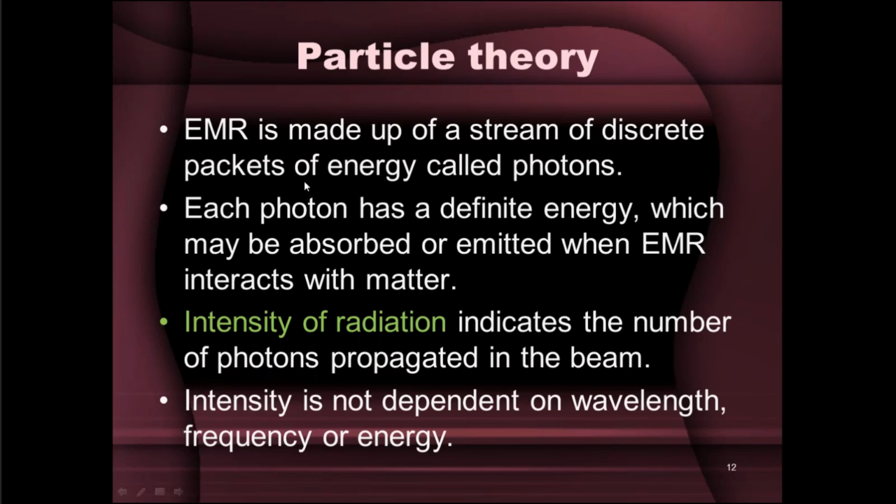So what are photons? They are packets of energy having a definite amount of energy, and a stream of these photons makes up the electromagnetic radiation. Each photon has a definite energy which may be absorbed or emitted when electromagnetic radiation interacts with matter.